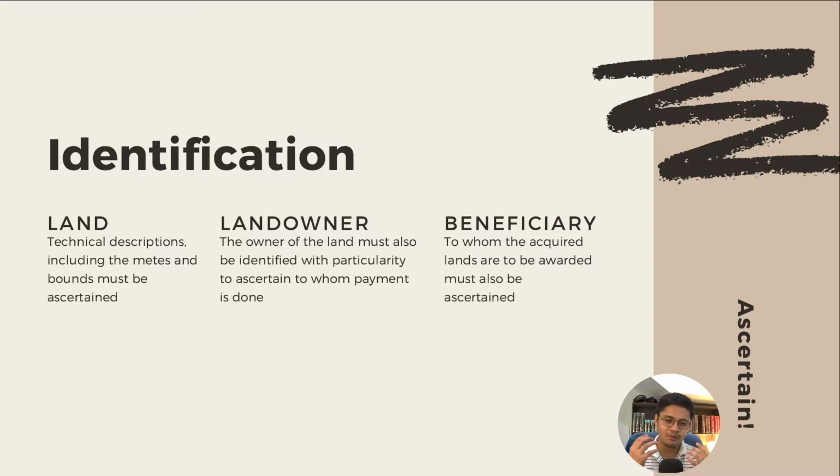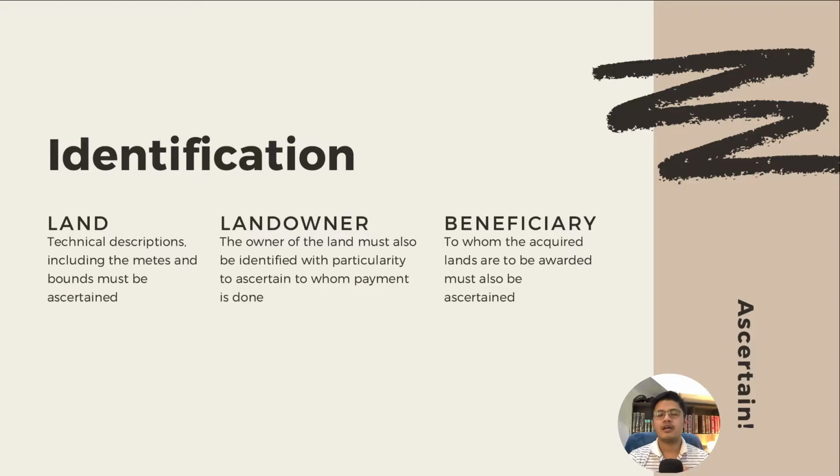We will just be content and satisfied with the notion that the land must be identified. The general items to be identified should be, of course, the technical description, the meets and bounds, the location, the address of the land.